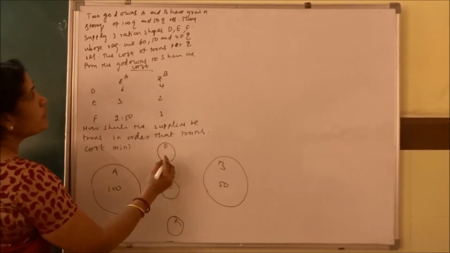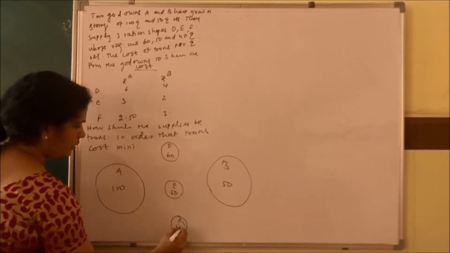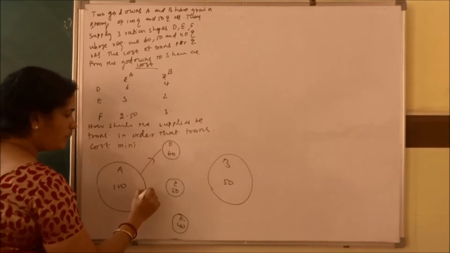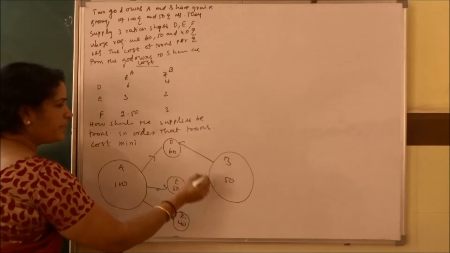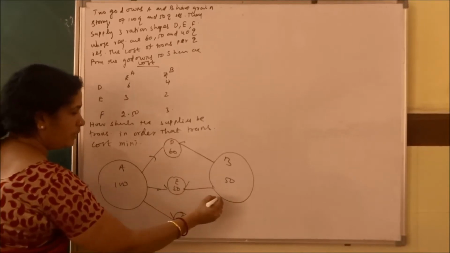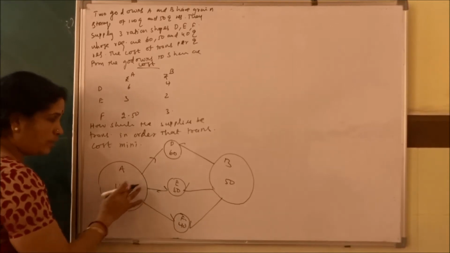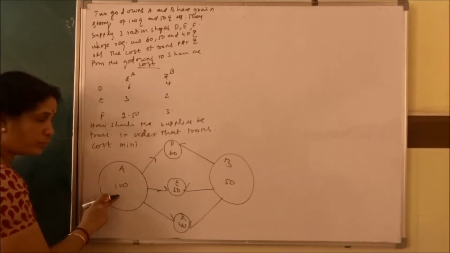Our requirements are 60, 50, and 40. A supplies D, E and F, and similarly B supplies D, E and F. Now I don't know how many. The requirement is 60 quintals, and they have stock 100 quintals.